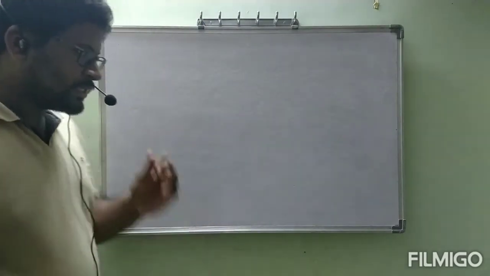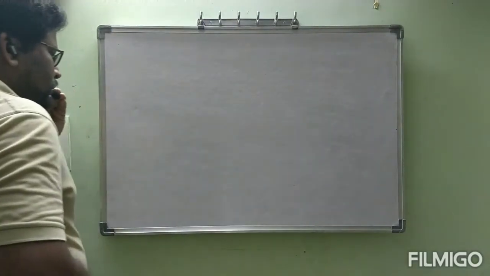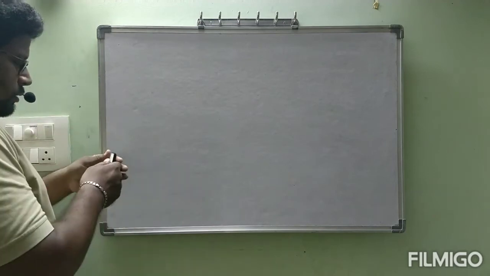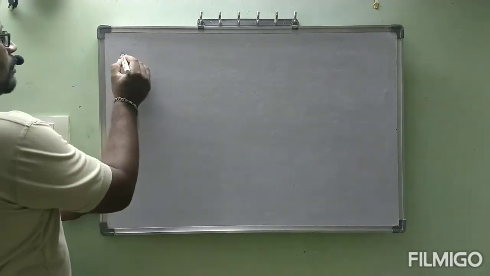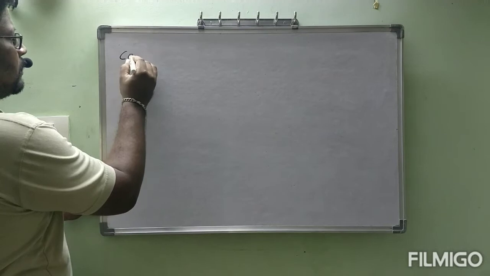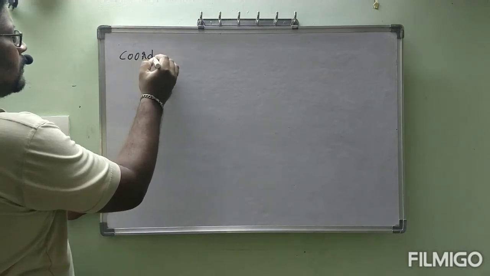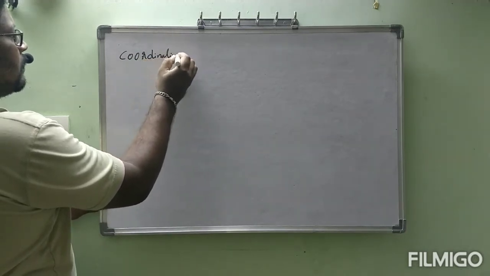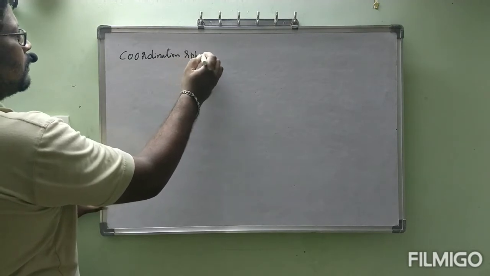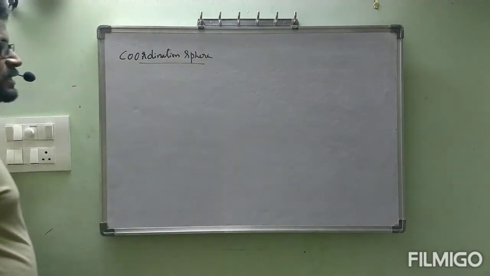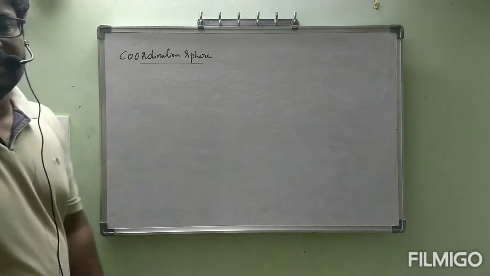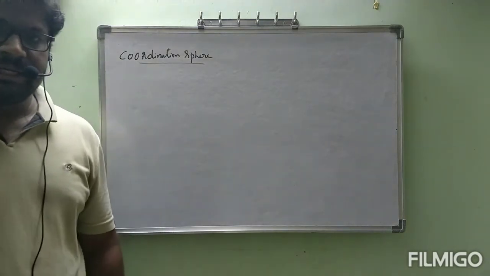Now let us see the next side heading, that is coordination sphere. Actually, strictly speaking, there is not much difference between coordination sphere and coordination entity.